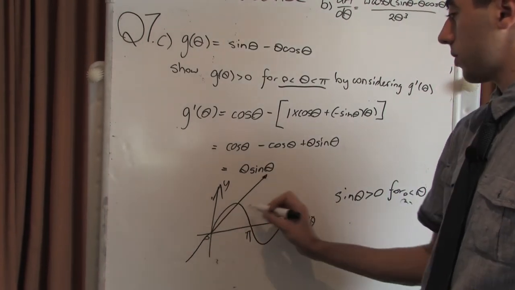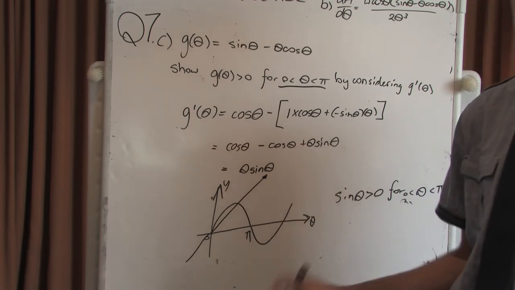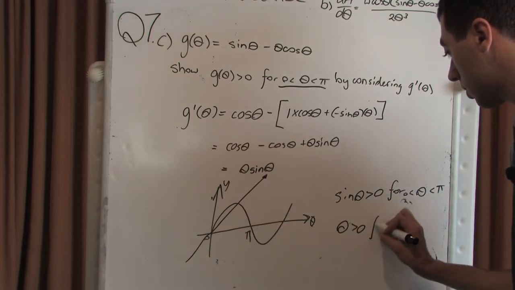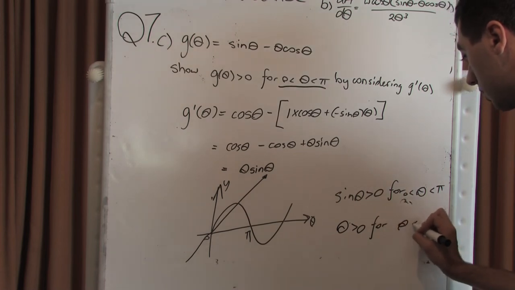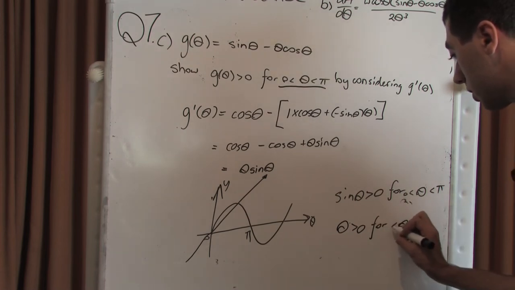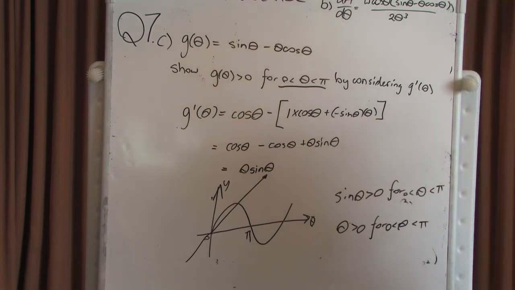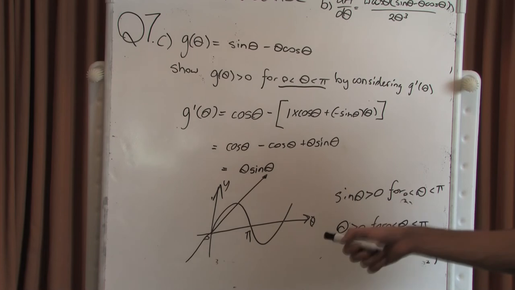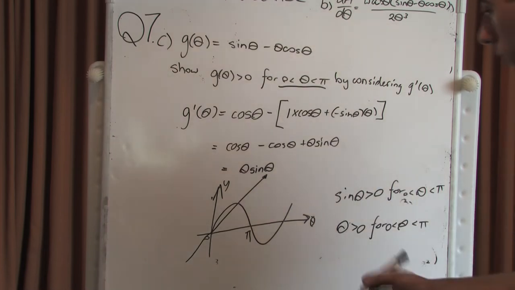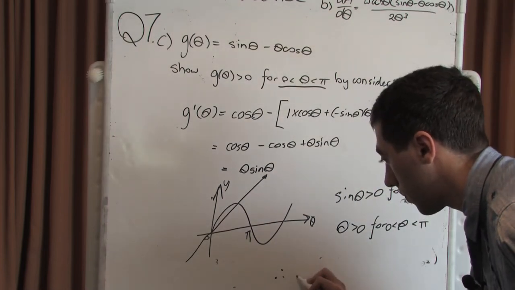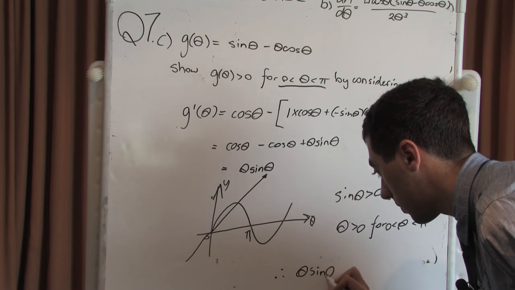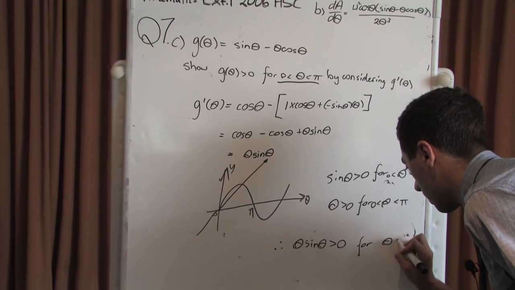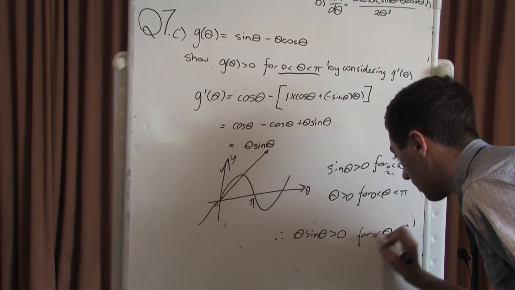And clearly, theta also will be greater than 0 for all of that. So theta is also greater than 0 for theta less than pi and greater than 0. Okay, so if these two things are greater than 0 for that domain, then the product of them must be greater than 0 as well.